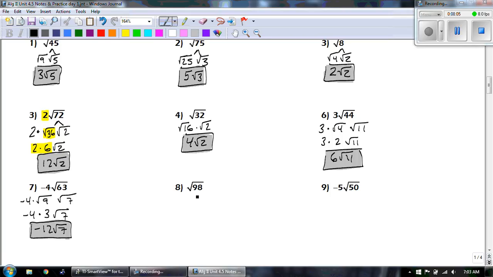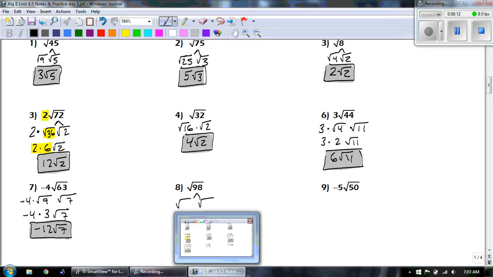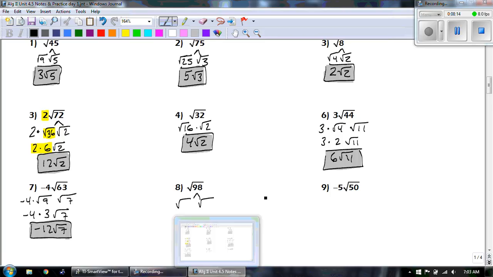Okay, 98. Start with, let's see, 81, 64, 49. Yeah, 49 and 2, and the square root of 49 is 7.